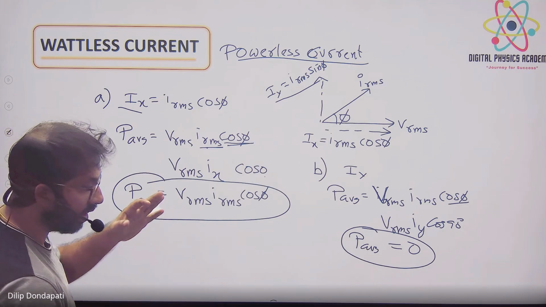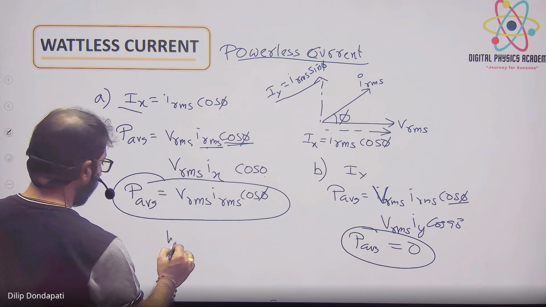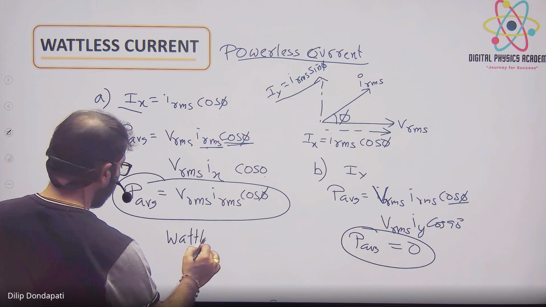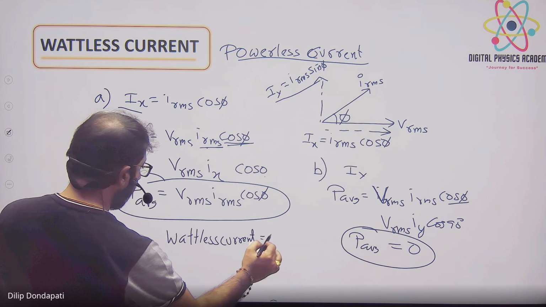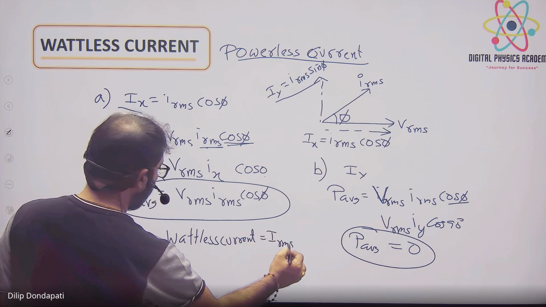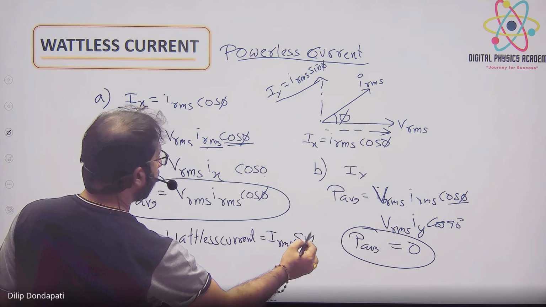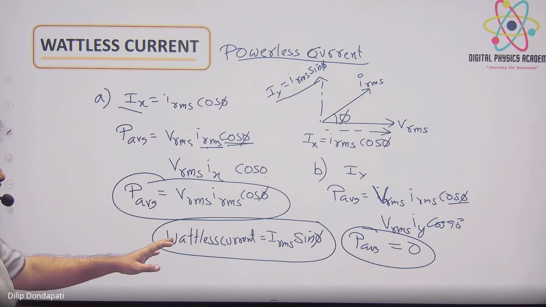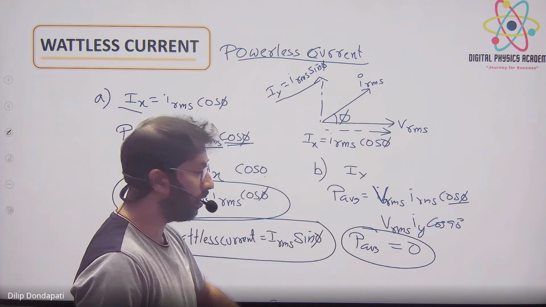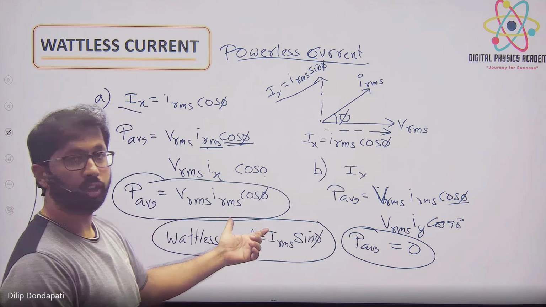So the formula for wattless current is simply IRMS into sin phi. This is the formula for wattless current, because this current is not producing any power. Power is not getting consumed because of this current.